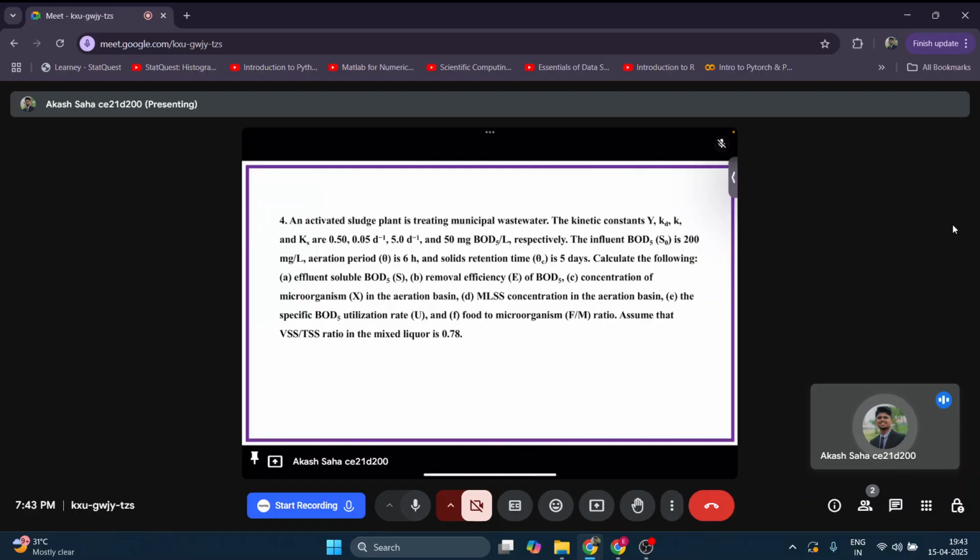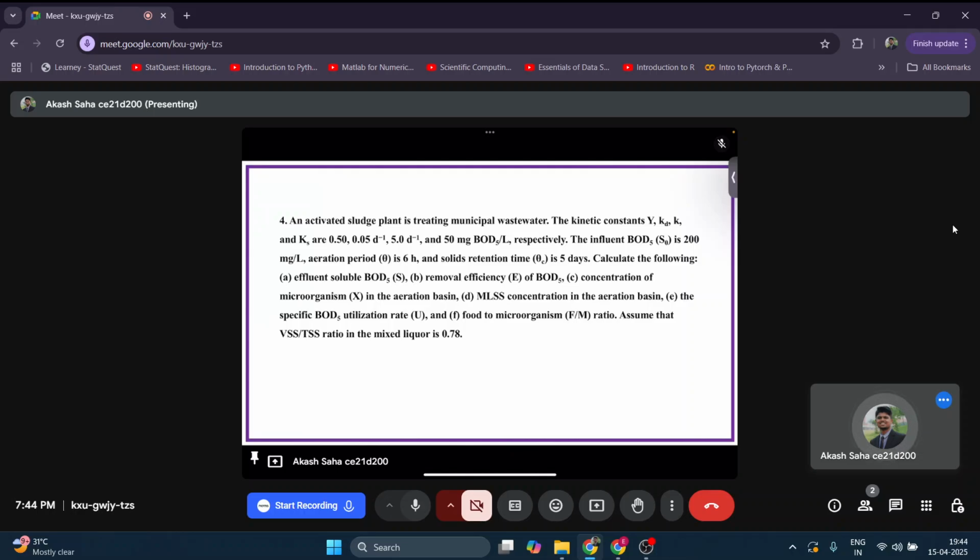Okay, so the influent BOD concentration is 200 milligram per liter, the aeration period is 6 hours, and the solid retention time is 5 days. So we have to calculate the effluent soluble BOD, the removal efficiency of BOD, the concentration of microorganisms in the aeration basin, the MLSS concentration in the aeration basin, the specific BOD utilization rate, and the food to microorganism ratio, or the F by M ratio.